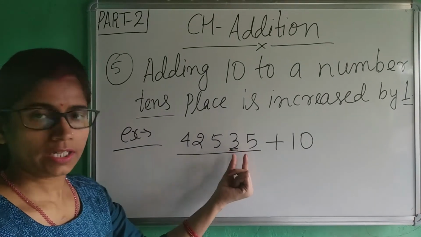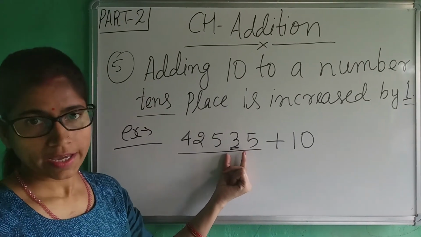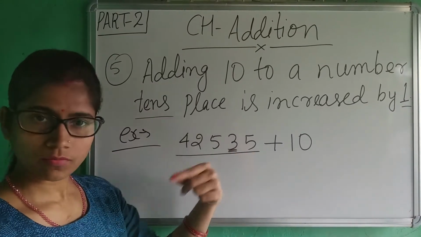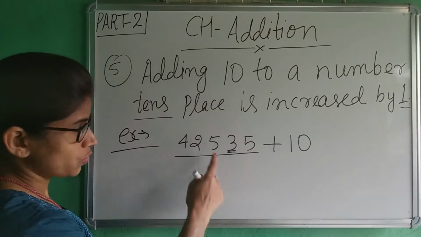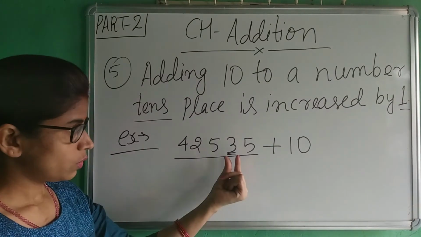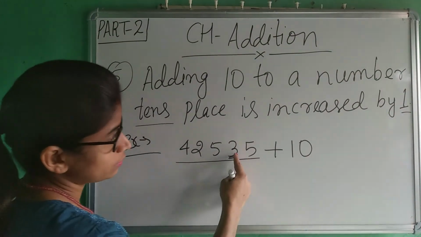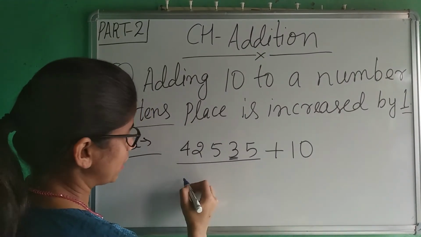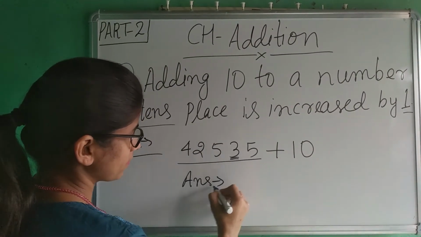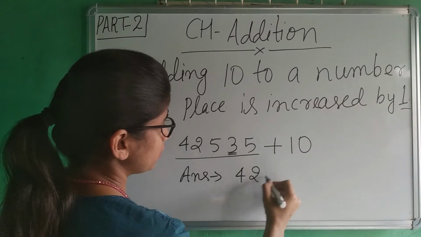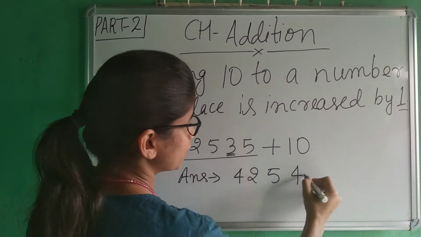So, what will happen at 3? 3 will increase by 1, means 3 will become 4. So, the rest of the digits will be the same. Only the tens place will increase by 1, that will be 4. Okay. So, your answer is 42,545.